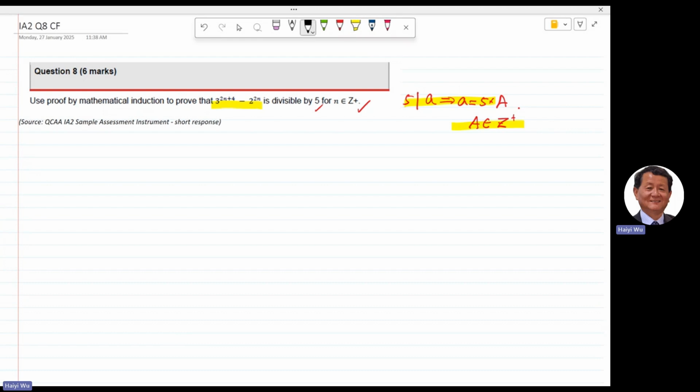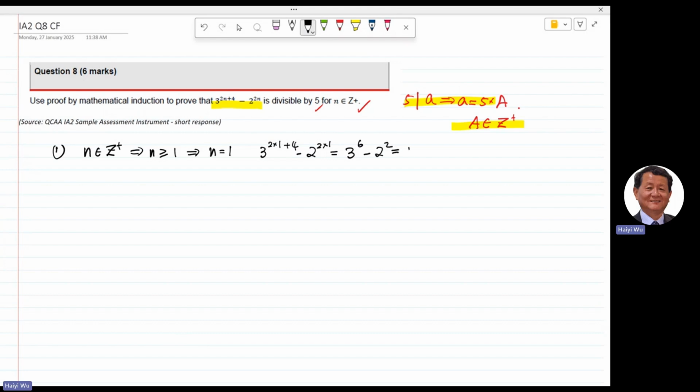All right, so that's the theory we're going to use. First, step 1, we initialize n. We know n is a positive integer, so n is greater than or equal to 1. Therefore the first value should start with n equal to 1. So I'm going to try the left-hand side, the expression with n replaced by 1: 3 to the power of 2 plus 4 minus 2 to the power of 2 times 1, which is 3 to the power of 6 minus 2 to the power of 2.